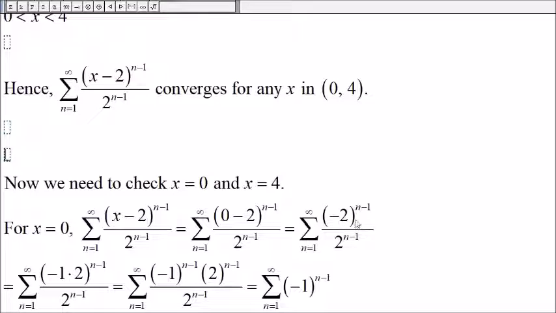But -2 is the same as -1 times 2, and we can separate the -1 and the 2, so this is (-1) to the n minus 1 times 2 to the n minus 1. The 2 to the n minus 1 terms cancel out, and what's left is the summation of (-1) to the n minus 1.